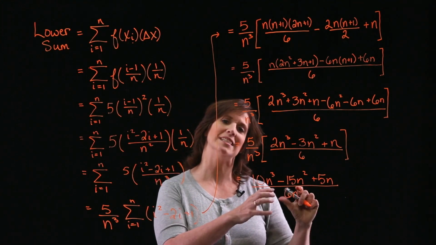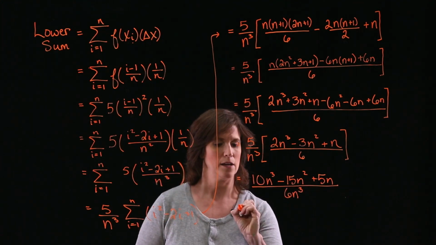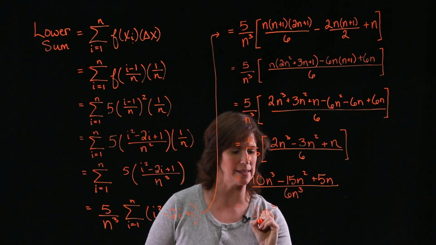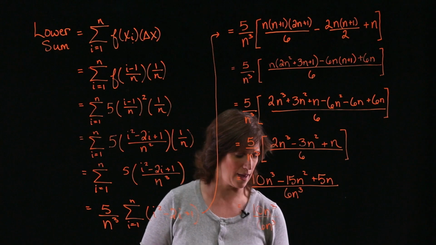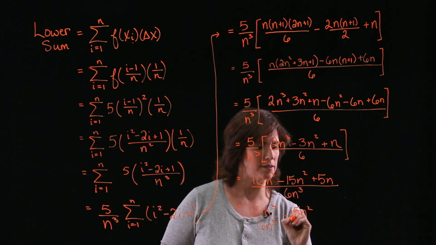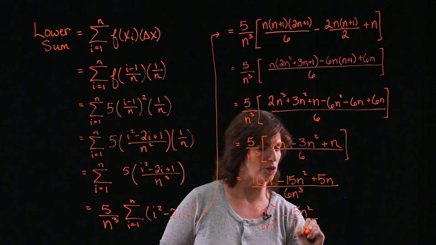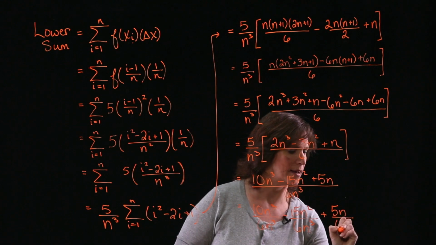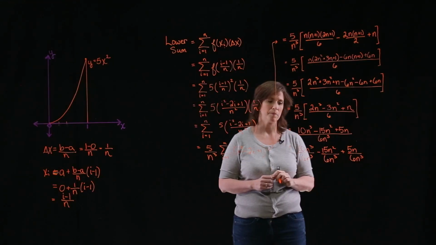I'm going to take this fraction and split it into pieces. So I have 10n cubed divided by 6n cubed, minus 15n squared divided by 6n cubed, and finally, 5n divided by 6n cubed.